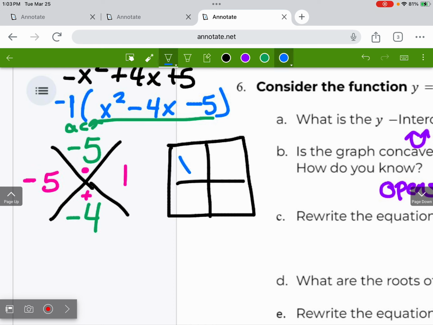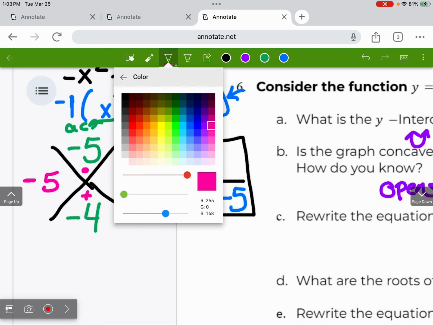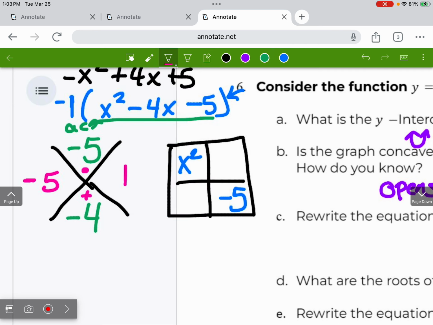When we're filling in the box, we're going to take the x squared from this statement, our minus 5 from here. And then our two other pieces, the piece that we use the x frame for is to figure out how to split that middle term. So we're going to have our minus 5x, they get one of these, and my positive 1x.